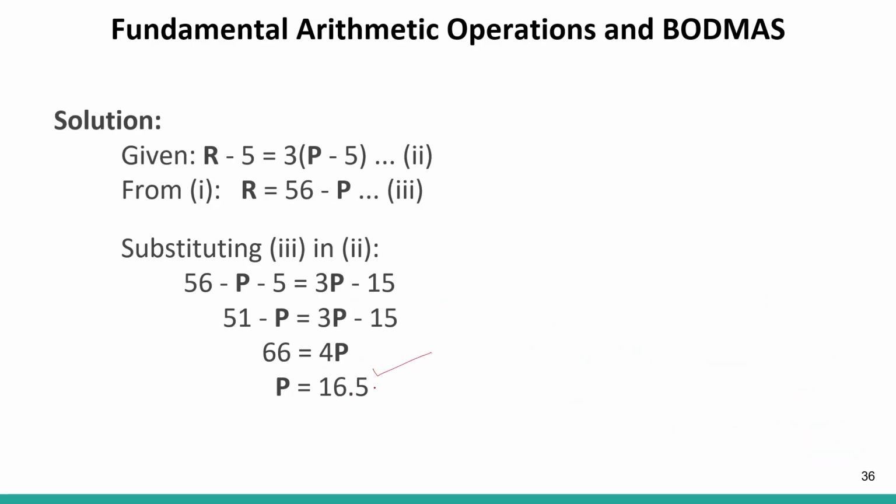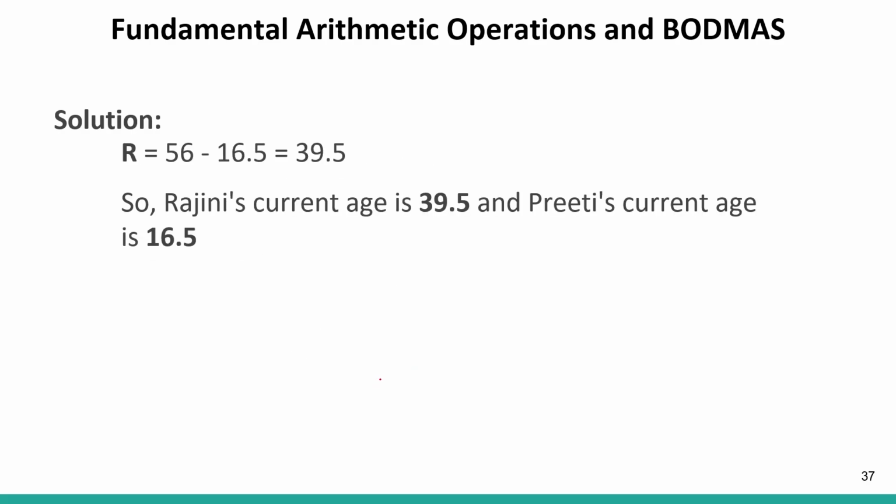So if Preeti's current age is 16.5, what is Rajani's current age? So X minus 5 is equal to 3 into 16.5.